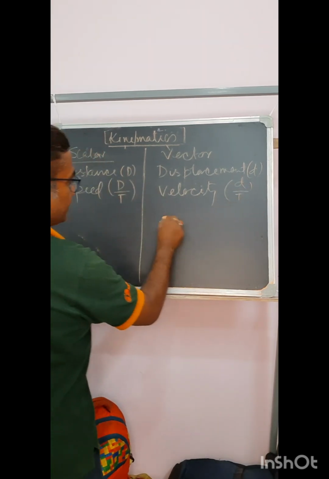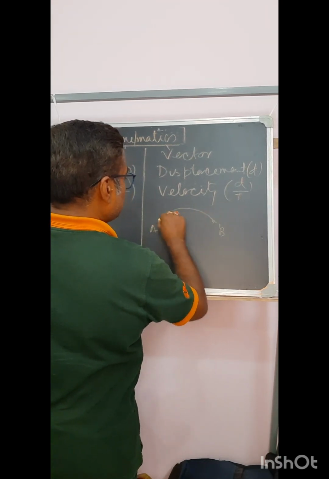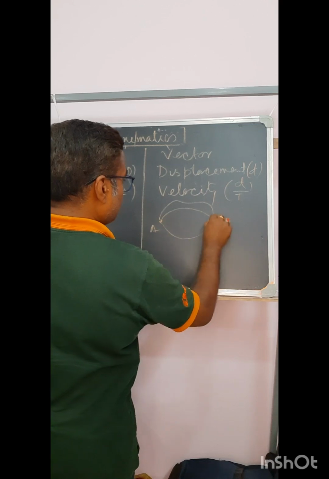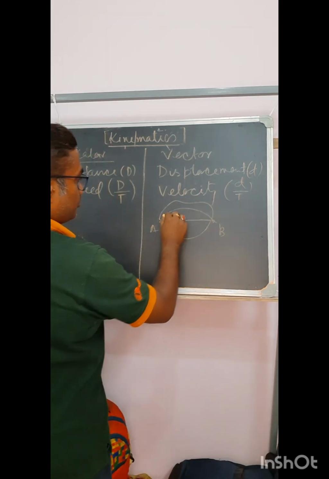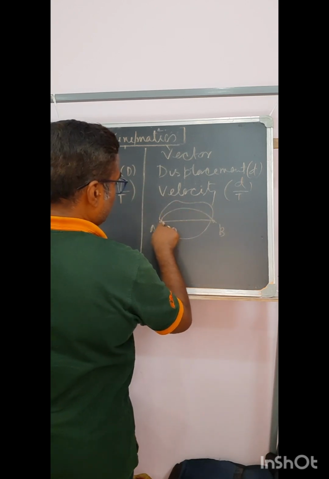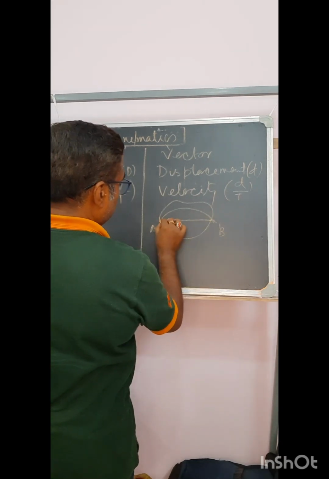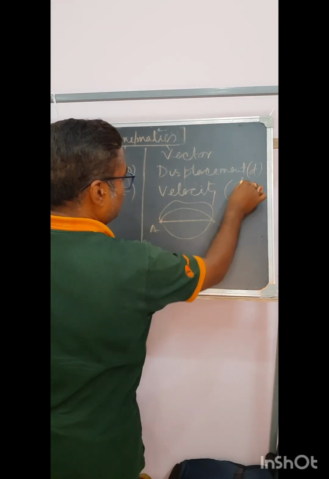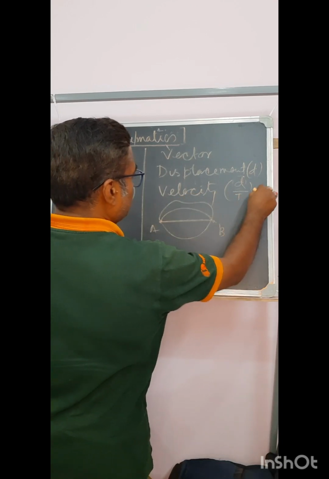If I take the same example of points A and B, any path followed will give you the speed, because that is the distance traversed. If there is a definite start and end point, the straight distance will be considered d, and for the same time that will give you your velocity.